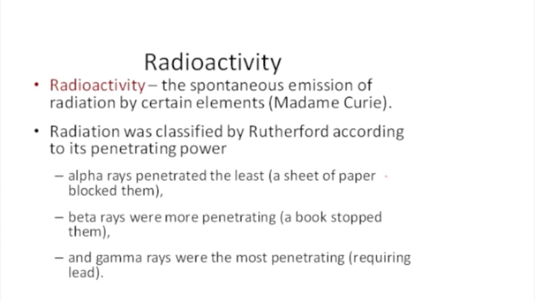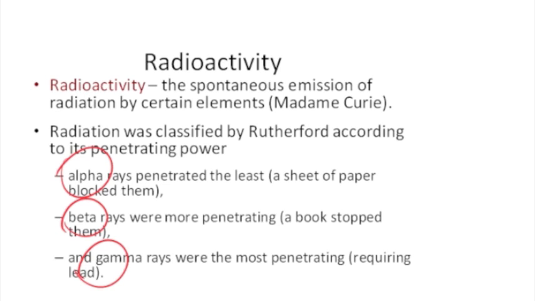Beta particles were more penetrating. You need to put a book between the source and the detector. And gamma rays were the most penetrating. Gamma rays would go through the book and the paper, and it required a sheet of lead to stop the gamma rays. So that's how we ended up with the terms alpha, beta, and gamma.